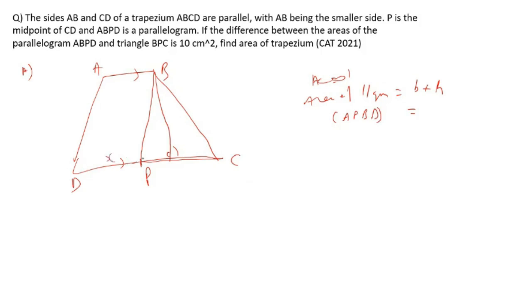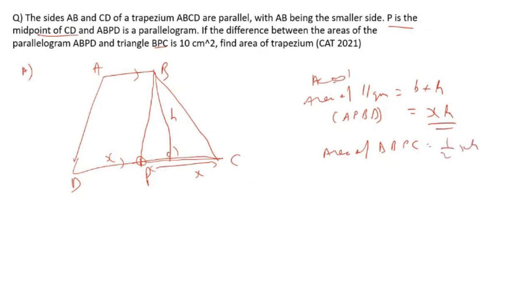Let's say this is X, and since P is the midpoint, as given, this will also be X. This entire thing will also be X. So your parallelogram APBD will be the base, which is X, into height. We don't know what this is. Let's take this as H for now. So XH. Area of the triangle BPC, which is the other part given in the question, will be half into, again, X into H.